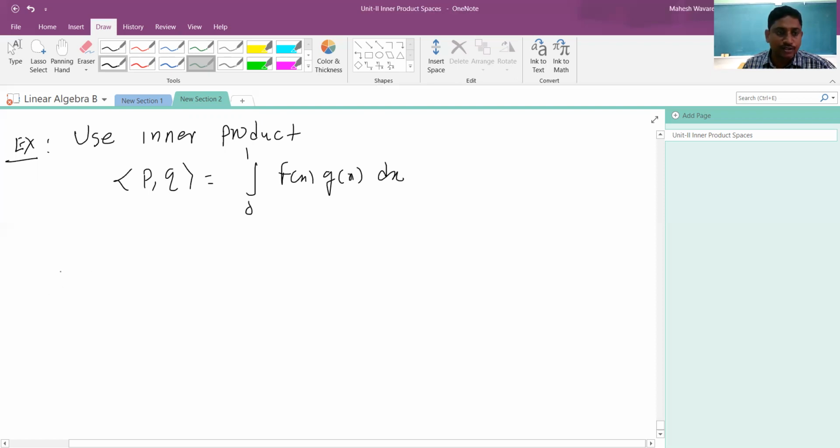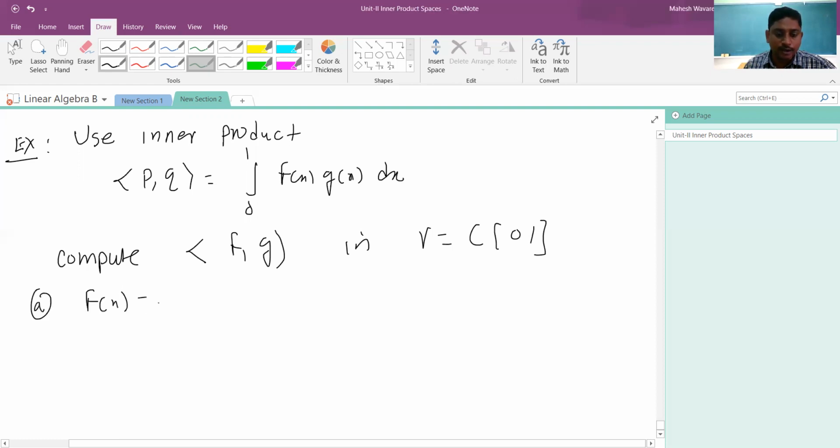What is the question asked? Compute the inner product of f with g for given f of x and g of x in the vector space V equal to [0, 1]. This is the function space. Now the first problem: f of x is cos of 2 pi x and g of x is sine 2 pi x.